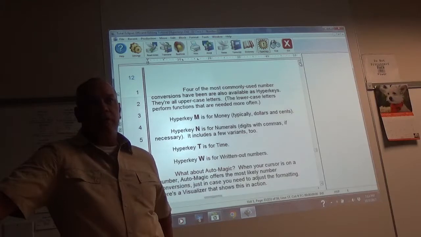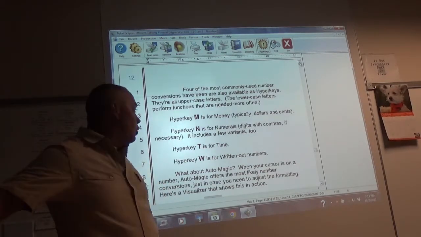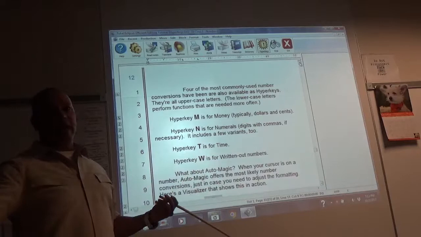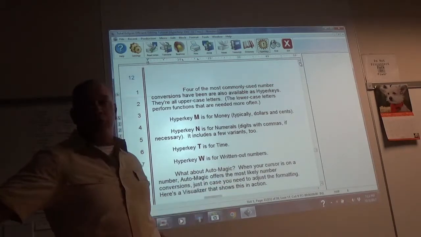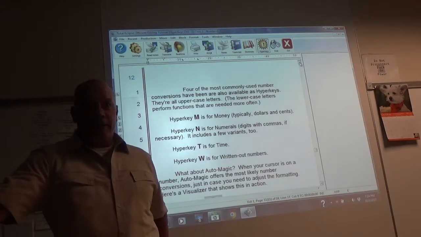Shift W? Yeah. Or is it just W? W is word endings, prefixes, suffixes. Shift W is written out words, written out numbers. Okay? So be careful with that.